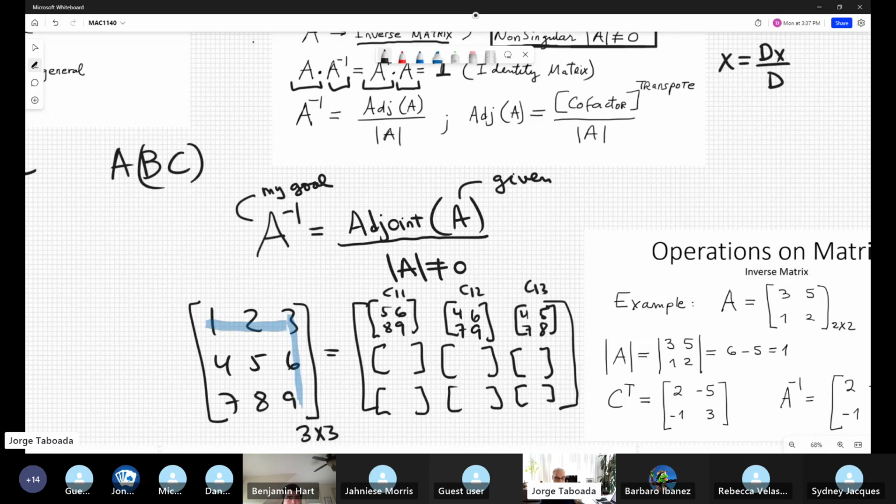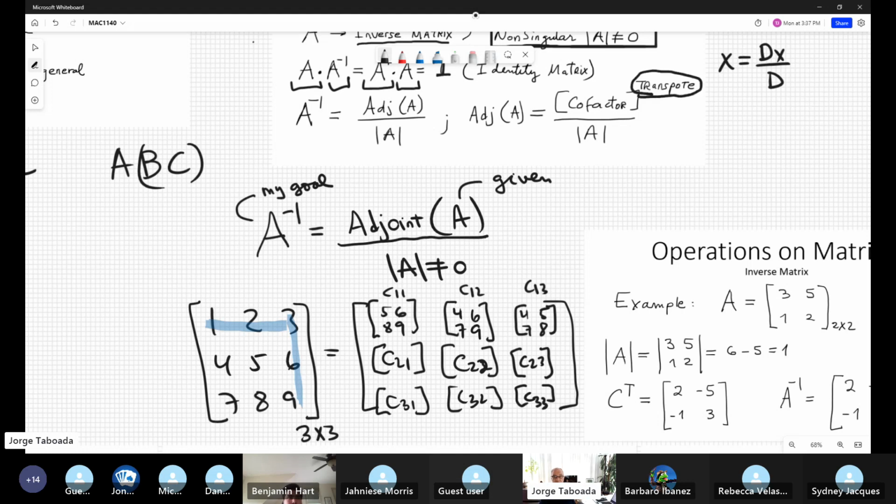Again here I delete row 2, column 1, cofactor 2, 1. Cofactor 2, 2 is row 2, column 2. Then this is 3, 1. This is 3, 2. And this is 3, 3.